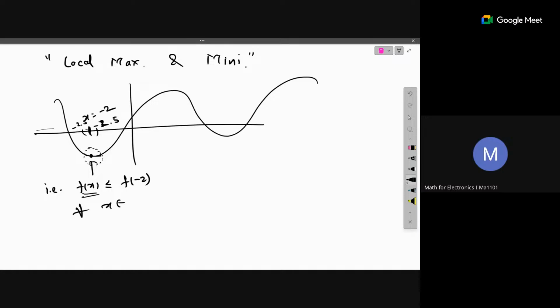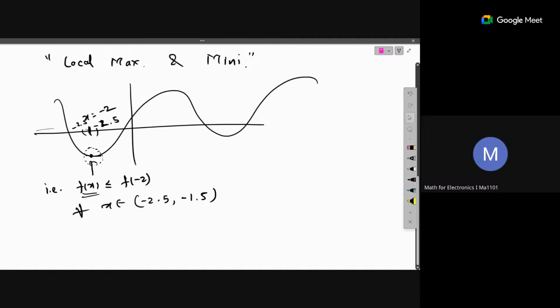That means f of x is less than or equal to f of -2 for all x belonging to (-2.5, -1.5). It is very significant to observe at which point our function attains a maximum or minimum value, and we can evaluate those things with the help of derivatives.